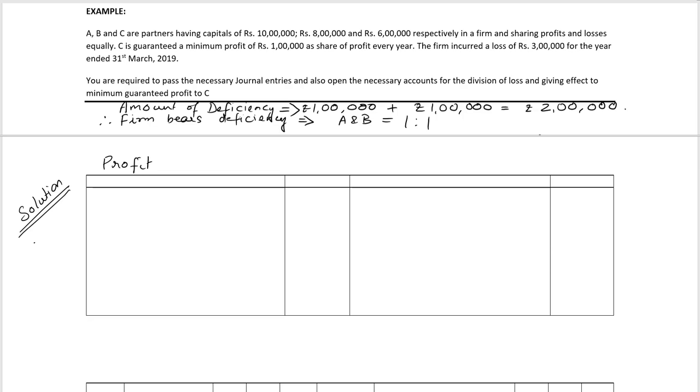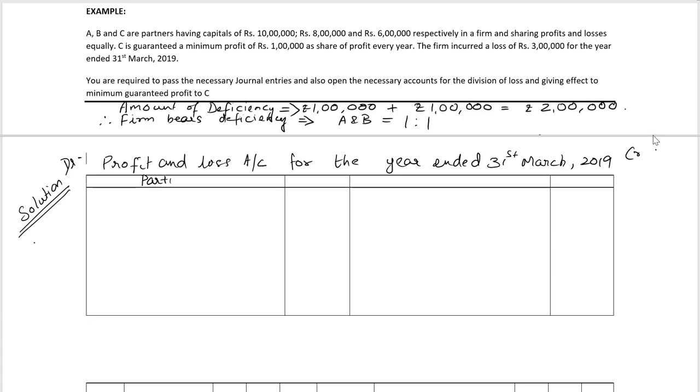Profit and loss account for the year ended 31st March 2019. Left side debit and right side credit.